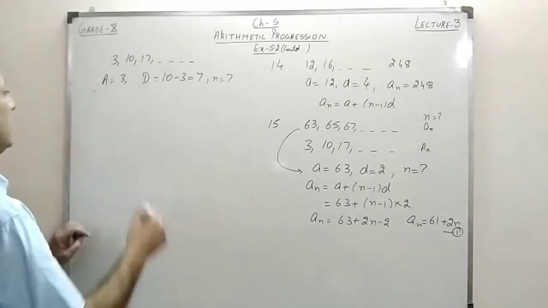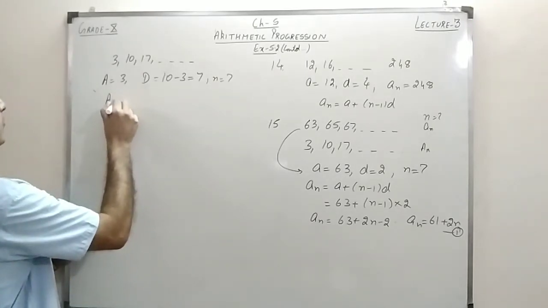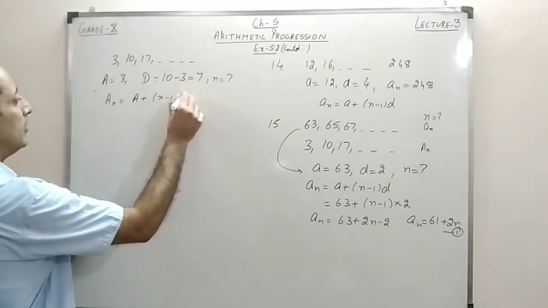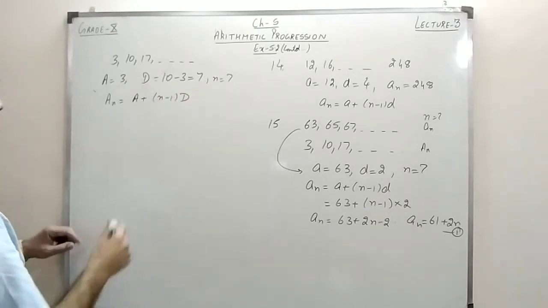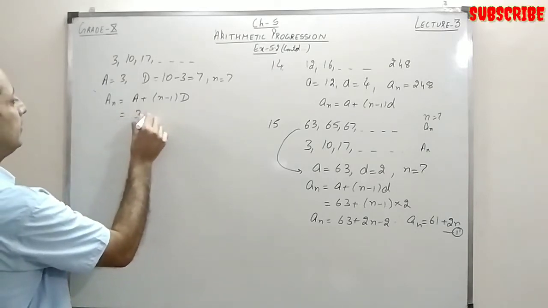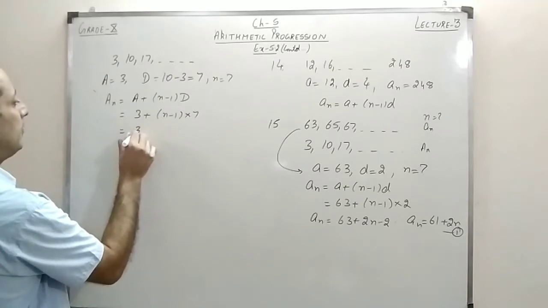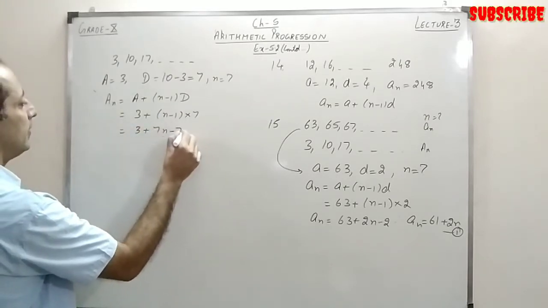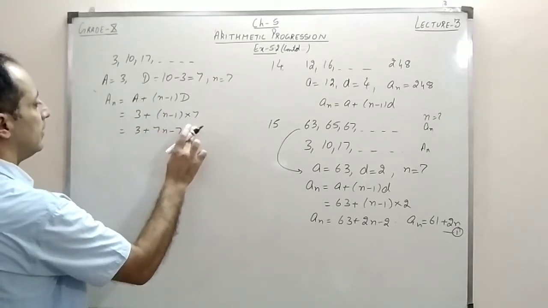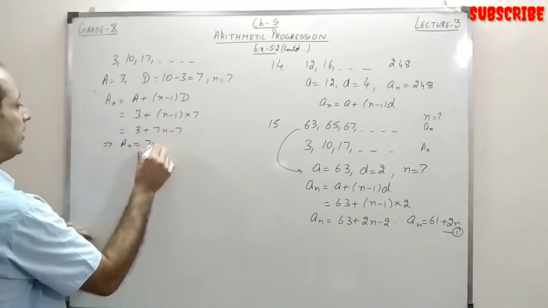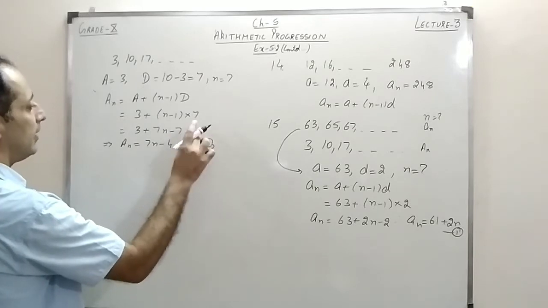Now for this, I write the nth term as AN equal to A plus n minus 1 into capital D. Now I just find the value. This is 3 plus n minus 1 into 7. So this is 3 plus 7n minus 7, which gets me AN equal to 7n minus 4. I write this as the second one here.